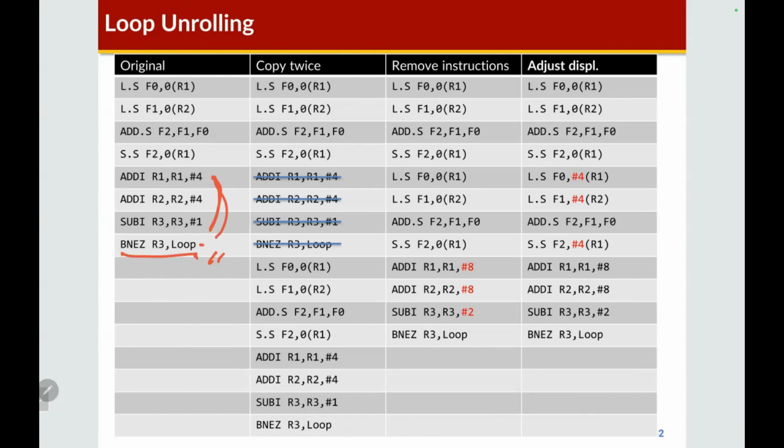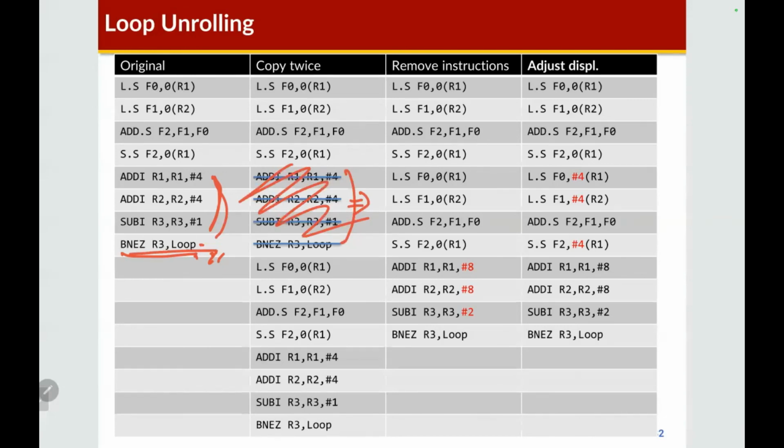We don't need to use the branch instruction twice. We just copy the instructions, but we don't need to execute the offset calculation and the branch instruction twice, so we remove the unnecessary instructions.